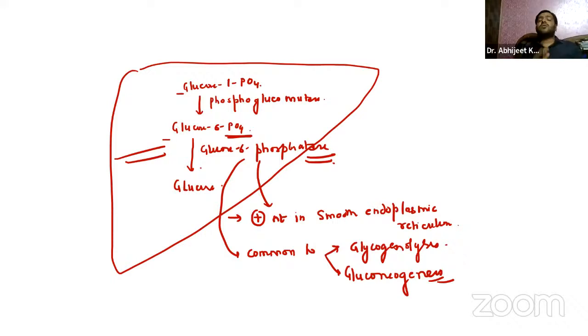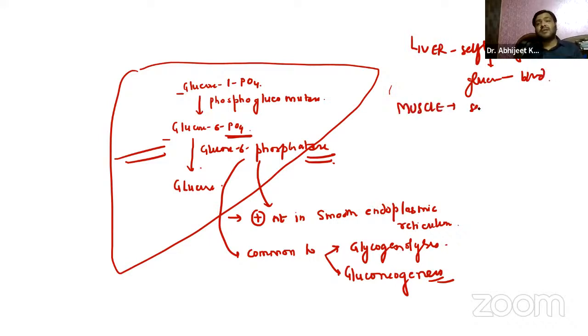Now, guys, remember one more important thing: the liver is a selfless organ. It provides glucose to blood. Whereas the muscle is a selfish organ, because it is using the glycogen or glucose for its own energy.